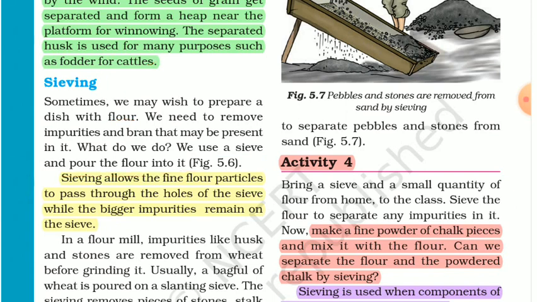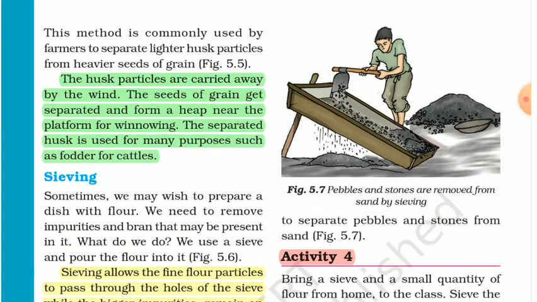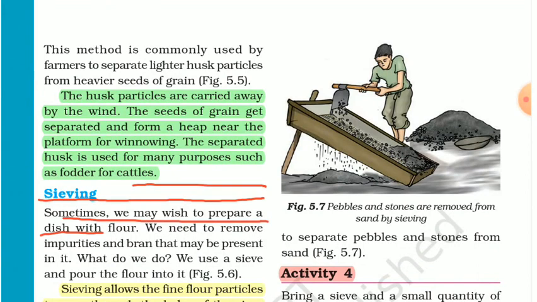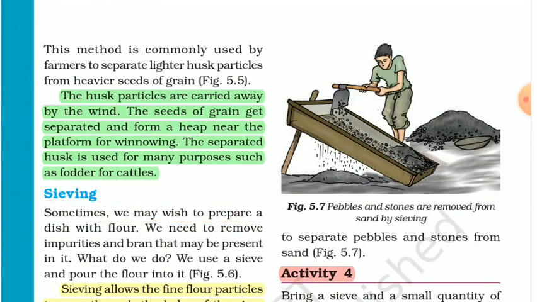Sieving will allow the fine flour particles to pass through the holes of the sieve, while the bigger impurities will remain on the sieve. If you look at the example here, at a construction place, a person is separating the pebbles and stones from the sand by sieving.